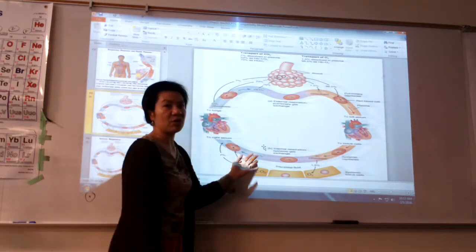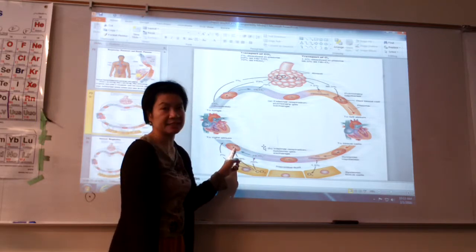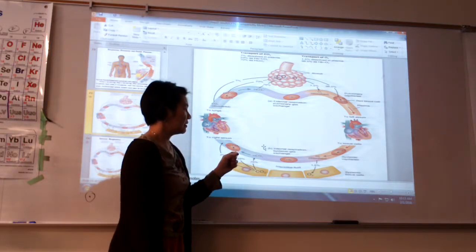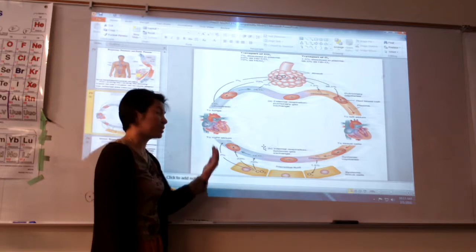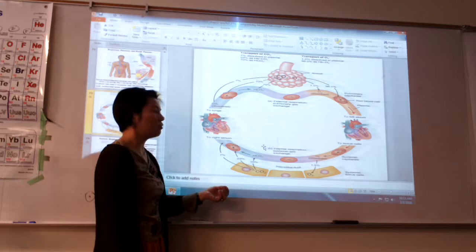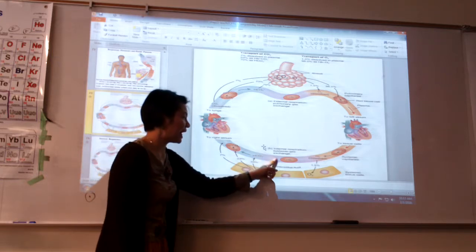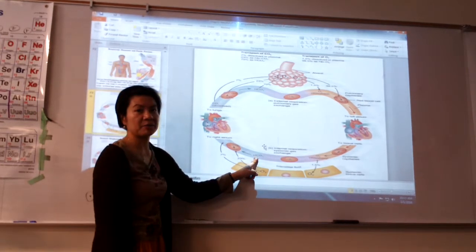Carbon dioxide is also always present in plasma and RBC. There are three ways to transport carbon dioxide back to the lungs. The main way is in the plasma in the form of bicarbonate.